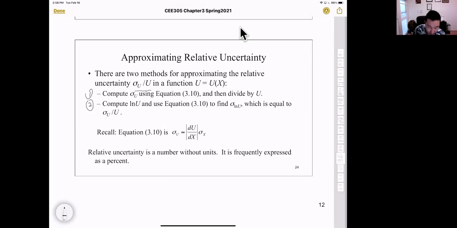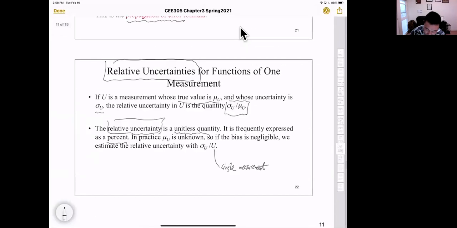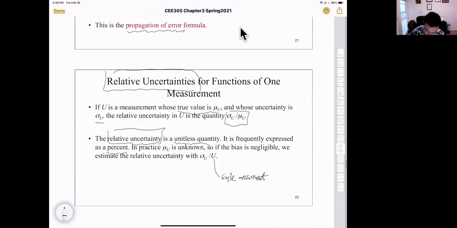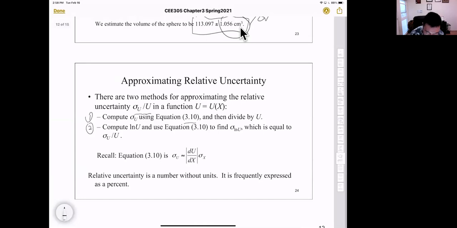We can calculate sigma u using equation 3.10, which is here, and then divide by u. So that's one way to do that.